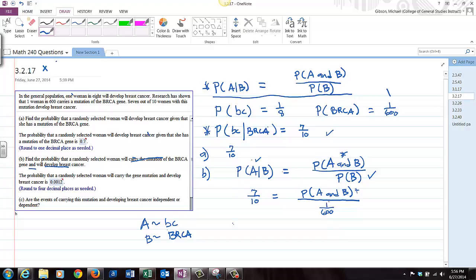Now to solve this, we have to be careful about the rules. We've got this big fraction over here, and when you divide by a fraction, it's the same thing as multiplying by the reciprocal. So this simplifies to the probability of A and B. Dividing by 1 over 600 is the same as multiplying by 600 over 1.